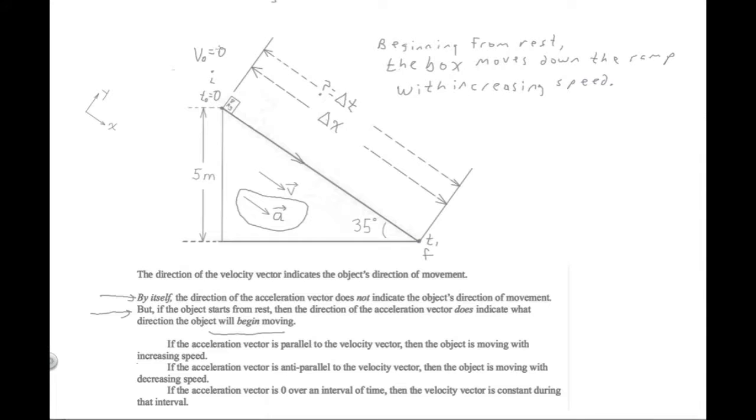Remember, the object started from rest, so we need this downward acceleration in order for the object to start moving down the inclined plane. Acceleration causes changes in velocity. Well, the velocity started at 0, but we wanted it to change to start pointing down the inclined plane, so we needed an acceleration to cause that change.